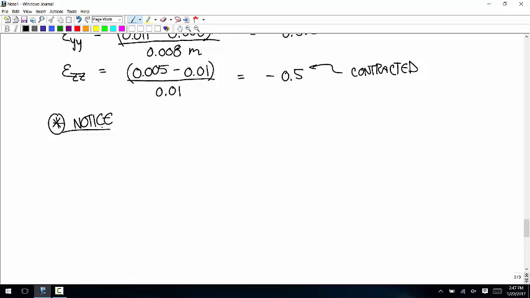Notice that strain has no units. Strain is unitless, because you have something measured in length divided by something else measured in length, so the units cancel out.